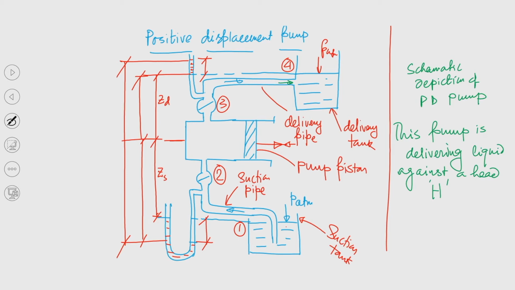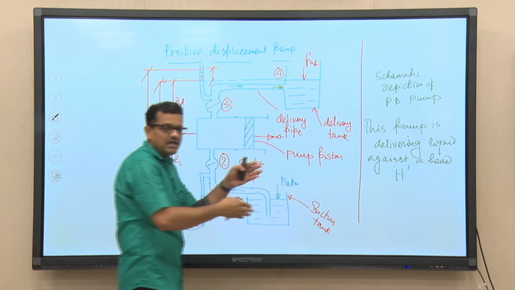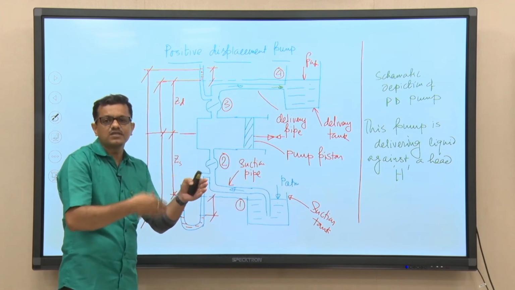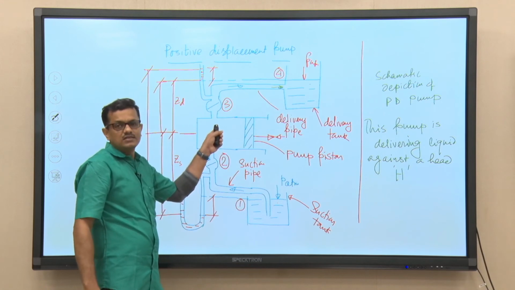You understand that when the piston moves from the inner end of the cylinder to the outer end during the suction stroke, at the beginning of the suction stroke, the pressure inside the cylinder falls below the atmospheric pressure, and that is the driving force responsible for making the flow occur from point 1 to the cylinder.